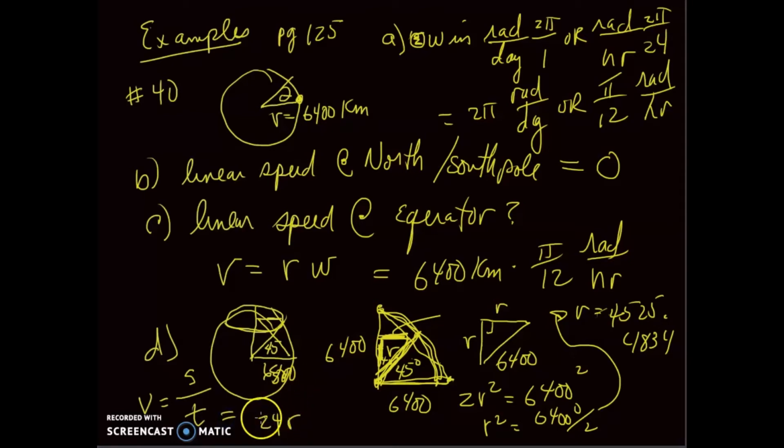And the distance is the circumference, which is 2 pi r.